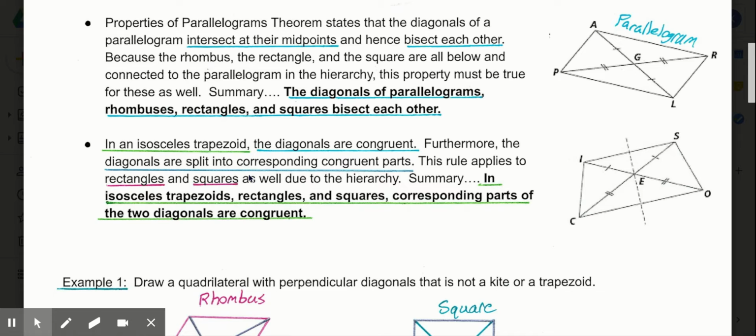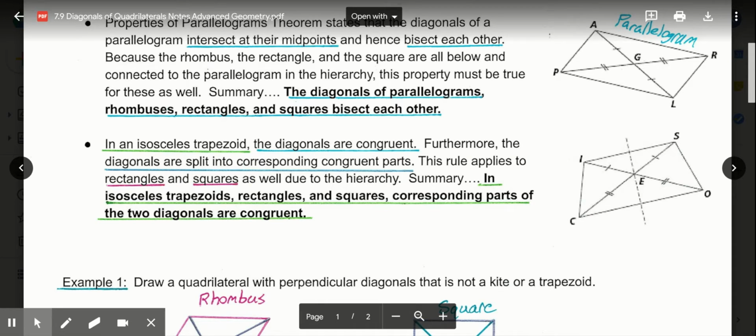Then we have the properties of parallelograms theorem that we looked at previously with those 4 different sufficient properties. But in this case, we're just going to look at the diagonals. The theorem states that the diagonals of a parallelogram intersect at their midpoints, meaning they bisect each other. You can see that again in the diagram over here, bisecting each other, meaning it splits each diagonal into 2 congruent parts.